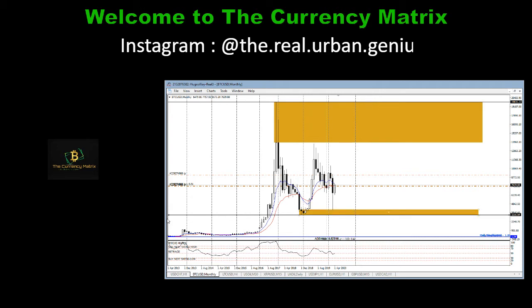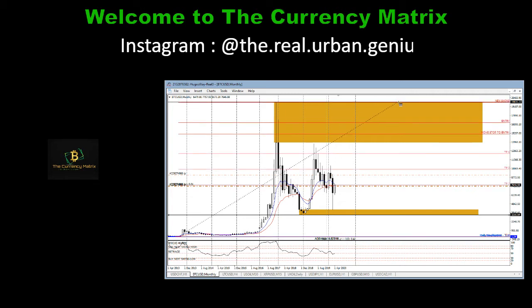Okay. Now, if we take our Fibonacci, remember we're using all of the data, so if we take our Fibonacci from this bottom to this high, we have, of course, the set of Fibonacci points. Remember, Fibonacci never lies. It's a mathematic ratio that cannot be altered based on its points.